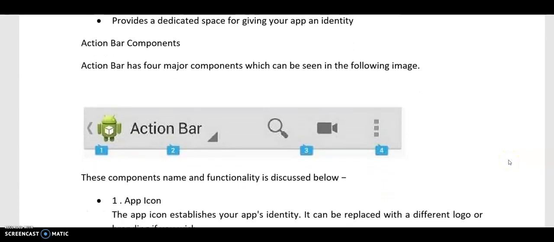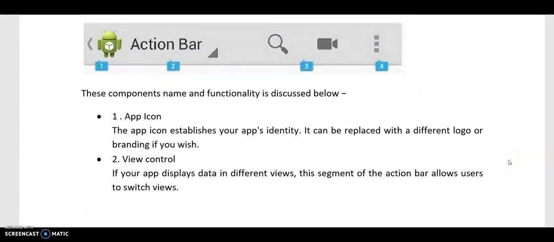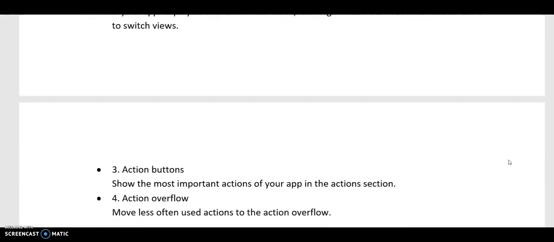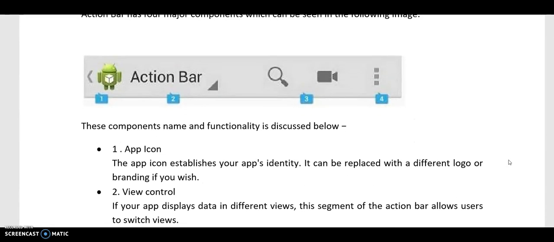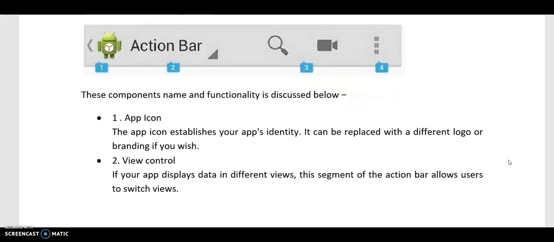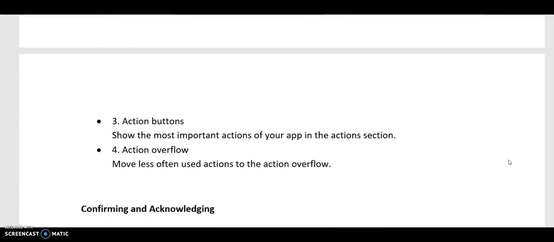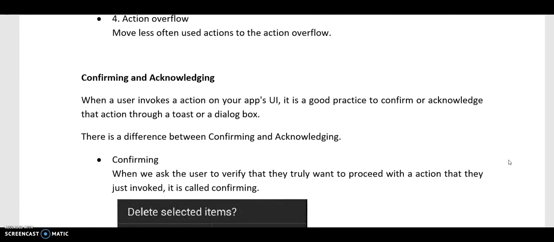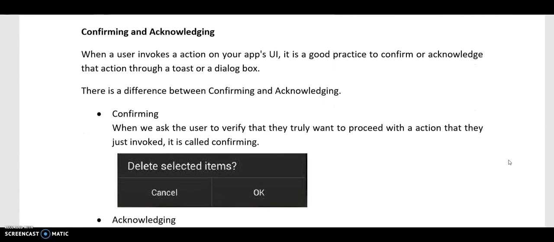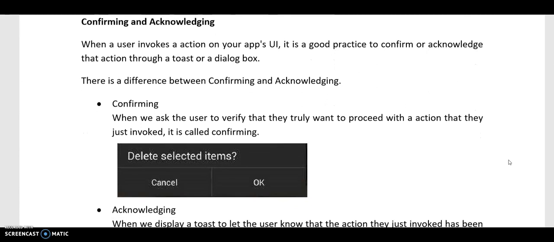You have the app icon, then the view control, then the action buttons and action overflow that are mentioned over here. You know how all these things work because you would have been using an Android phone. Most of these would be related to an older version of Android, but everything would be there as functionality, even though its format might have changed.